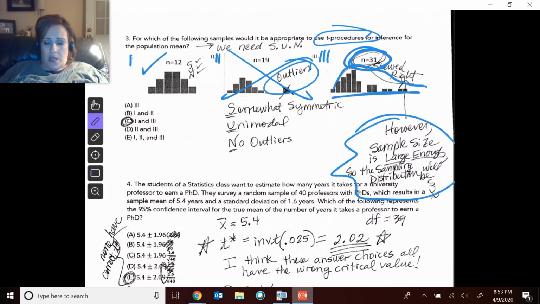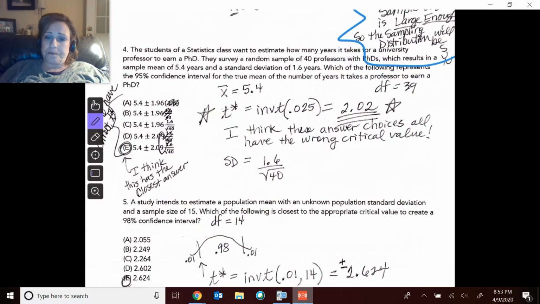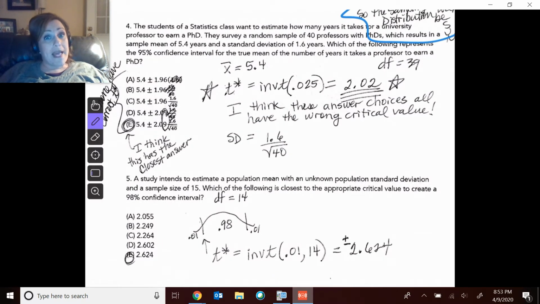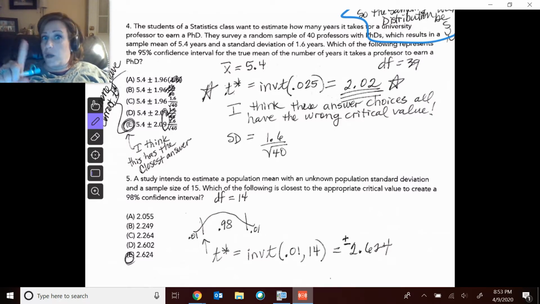Okay. 4 was doing an interval by hand. I've been kind of just going to the calculator whenever we've done an interval, and I've even started to do that on the 1 proportion and the 1 mean. But here's the type of problem where you have to know that formula.